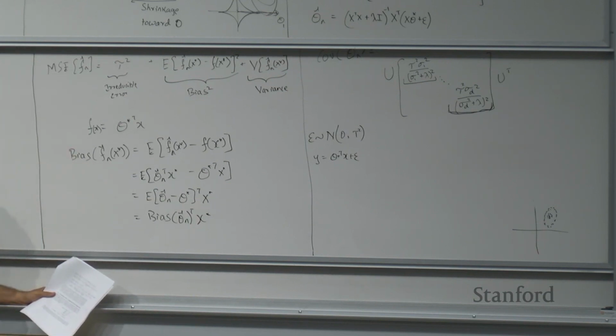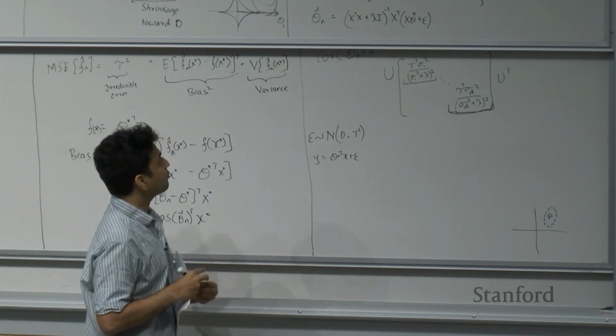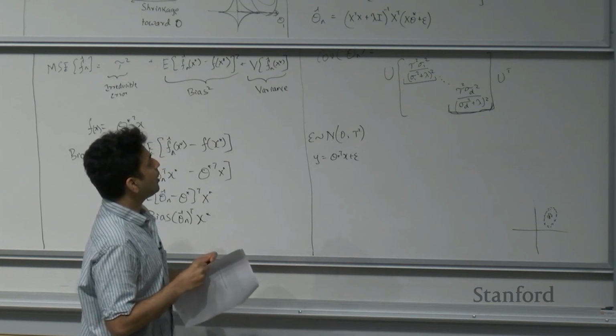Yes, question? You have an expectation for theta hat and you have a covariance. Can you use those to form a closed form solution for lambda in terms of sigma and tau and minimize it?